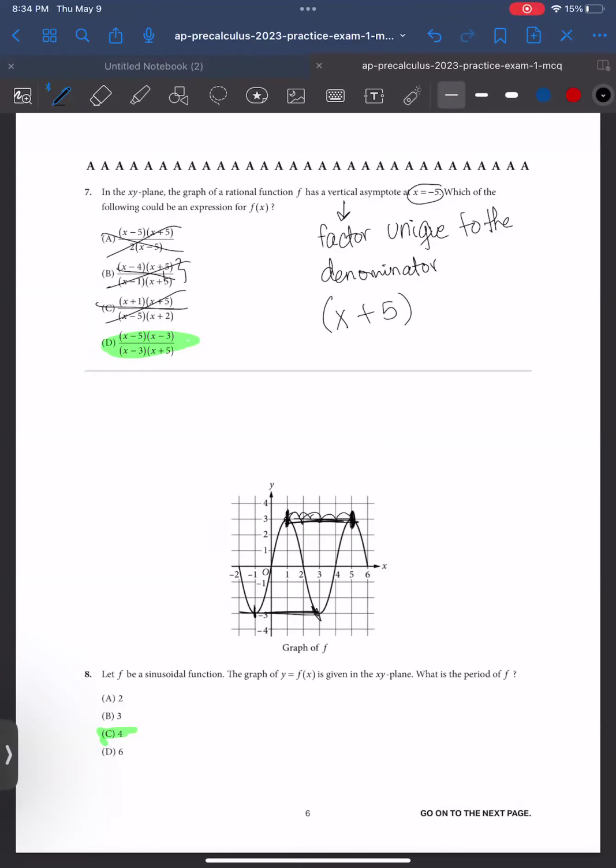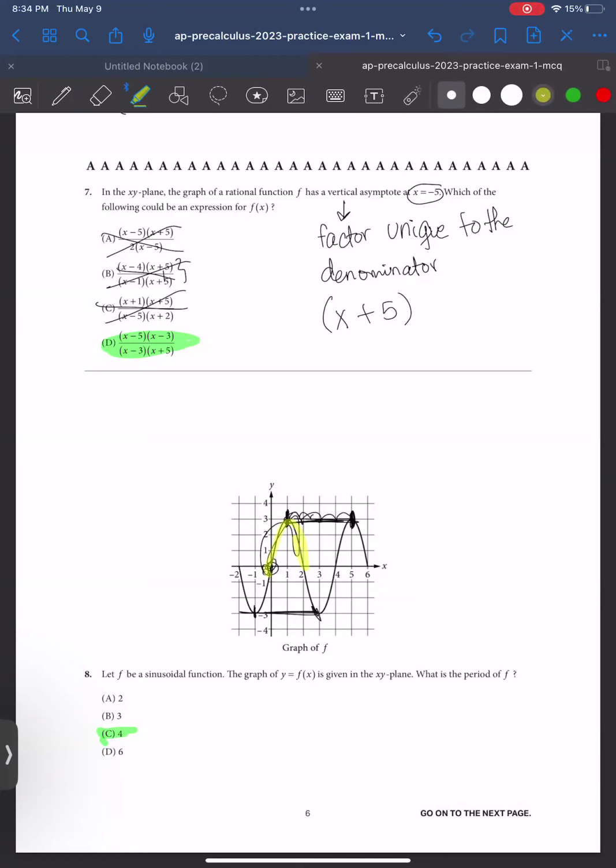Pretty much, she's talking about the one wave that goes from x equals 0 to x equals 2. Yeah, that little arch.